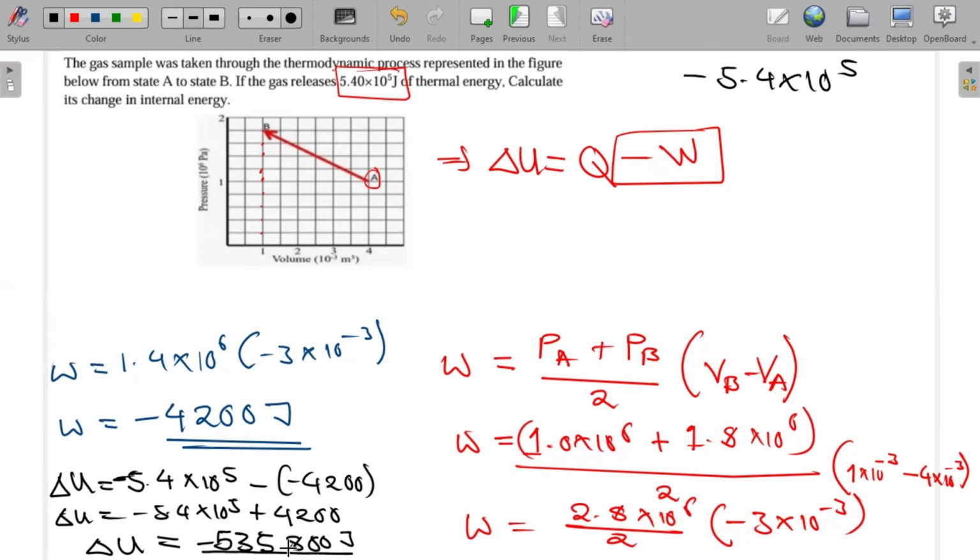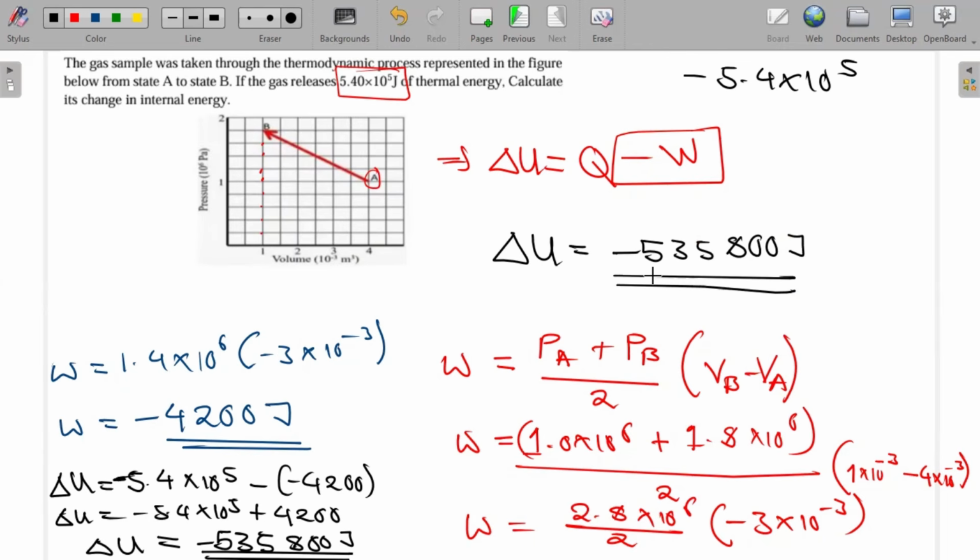This was the change in internal energy. As simple as that. So my change in internal energy will be equal to negative 535,800 joules. And that is the end of this particular paper.